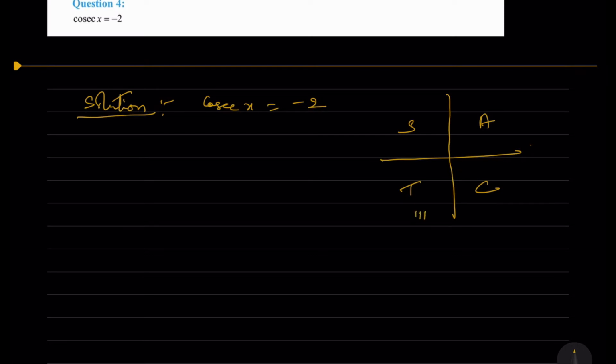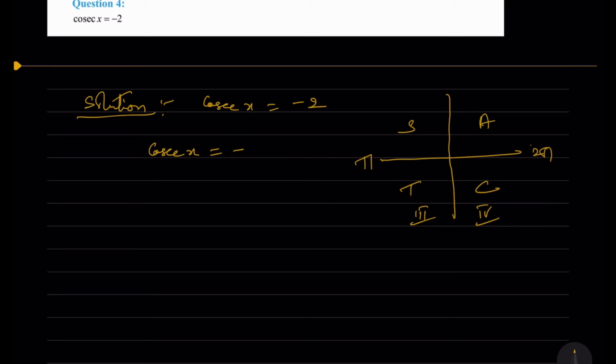In the third and the fourth, that is pi plus theta and 2 pi minus theta, it is going to be negative, that is in the third and the fourth quadrant. So therefore here cosecant of x can be written as minus of, where are you getting 2 for this? For which value is cosecant of it equal to 2?